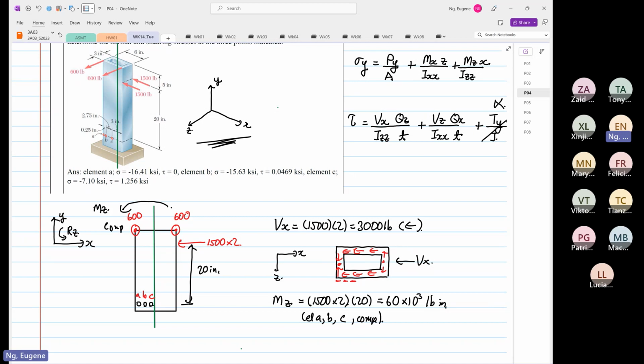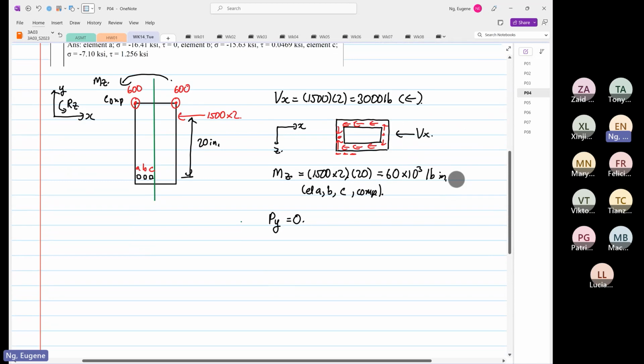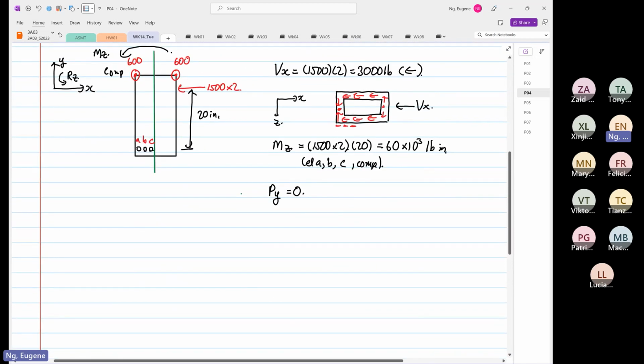Okay, so another thing from here, we can see that Py is equal to 0. And then we now view this from the YZ plane.